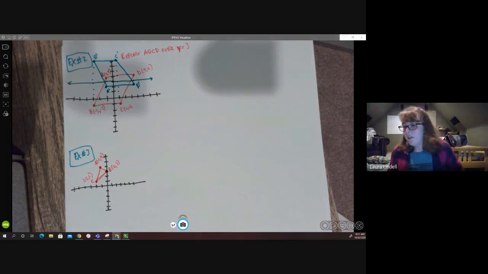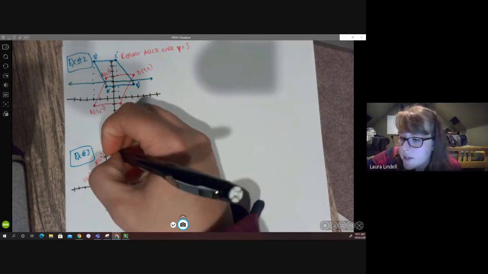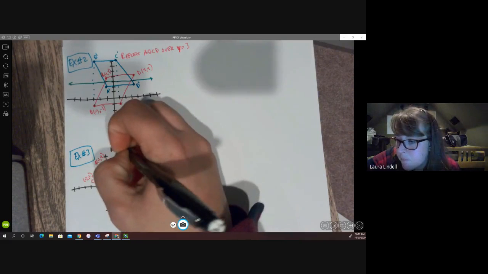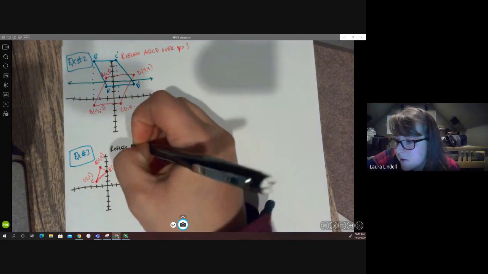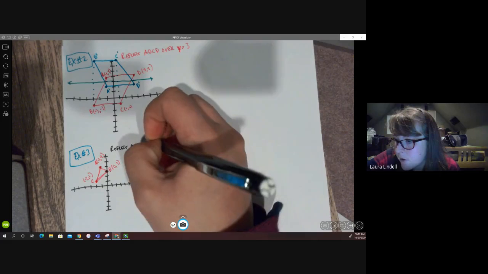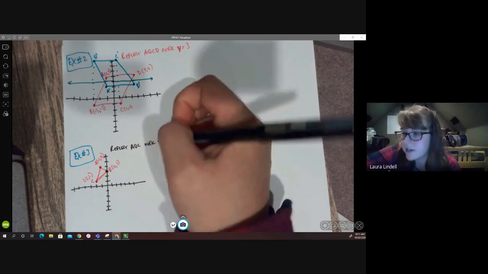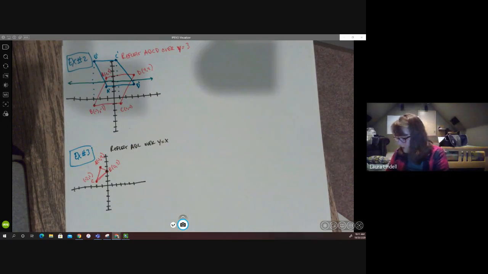Okay. And this time we are going to reflect ABC over y equals x. So remembering back to algebra where the line y equals x lives, the line y equals x is a line with a slope of 1 and the y-intercept at 0.